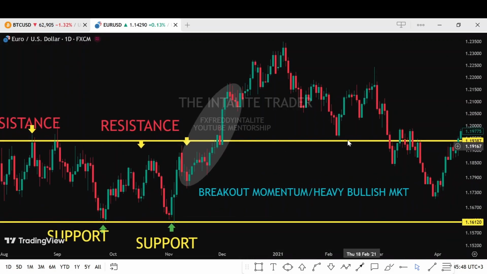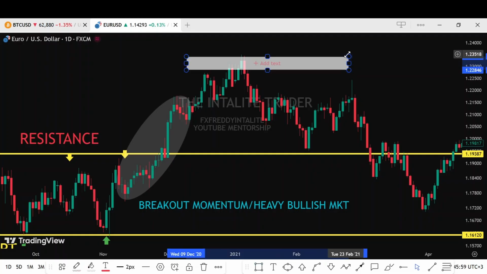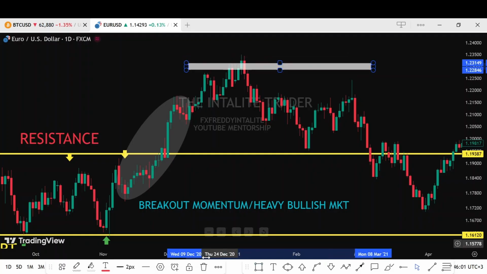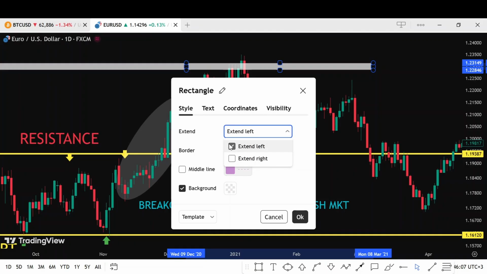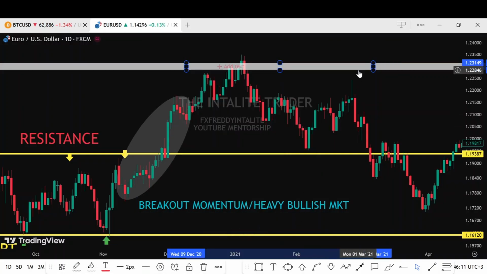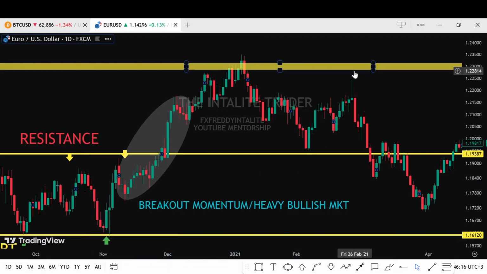Then here we see price came and traded higher, it found another zone. So let's use a zone this time.